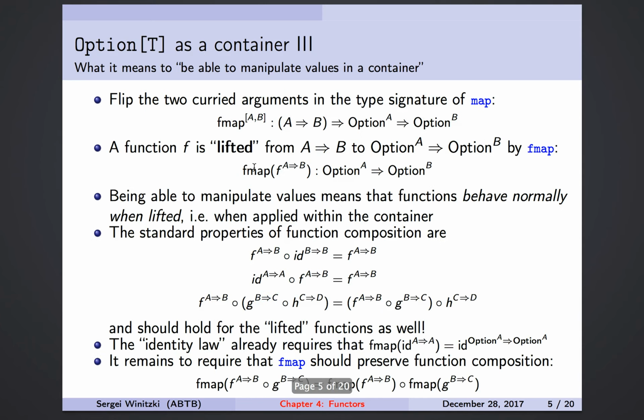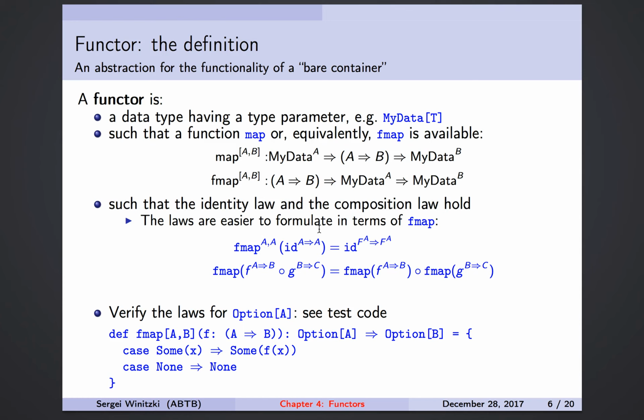So these laws are written like that. In terms of Fmap, it is much easier to write them, shorter, and also easier to see what these laws do and to remember why you need them. And of course to check them. So the Fmap applied to the same type A and A, identity A or A gives you identity FA to FA, and Fmap applied to a composition of functions gives you a composition of lifted functions.